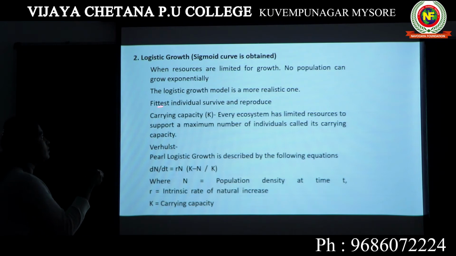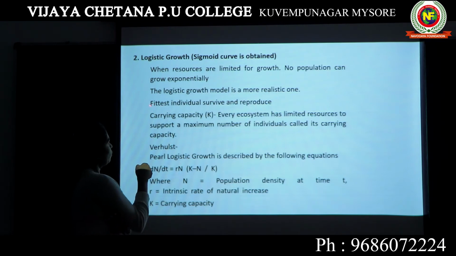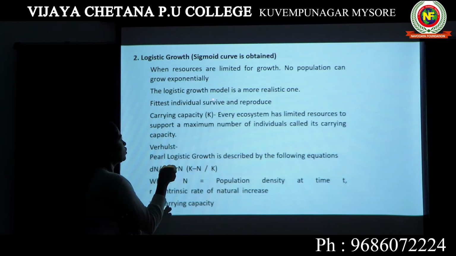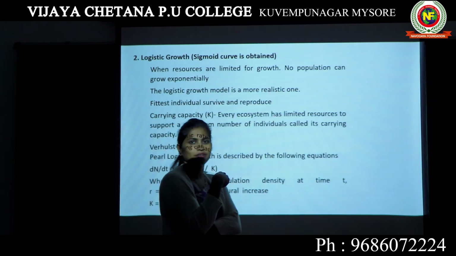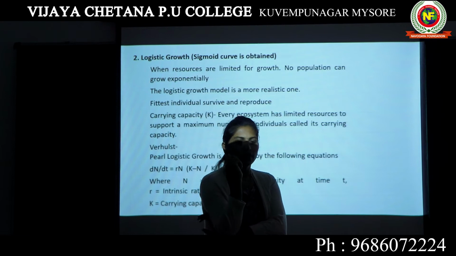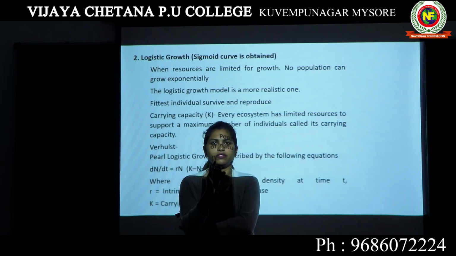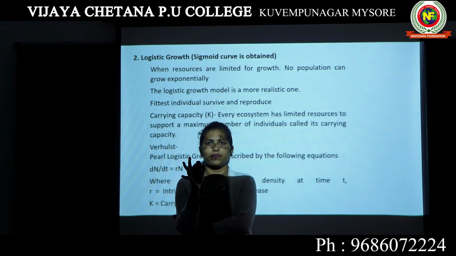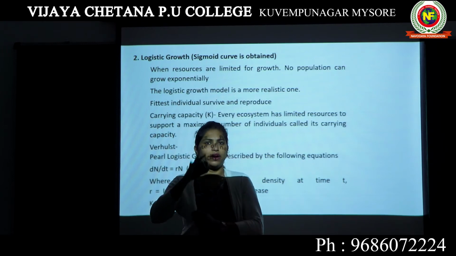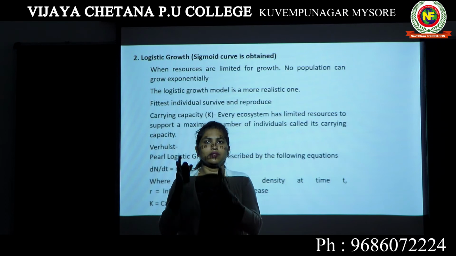Here you read this: fittest individual will survive and reproduce. Now you are giving one deer, a limited resource, to 10 lions. You are giving only one deer to 10 lions. So the population size is 10.